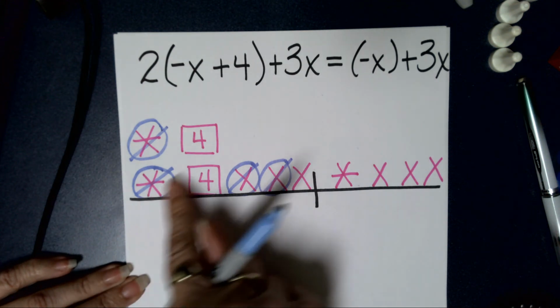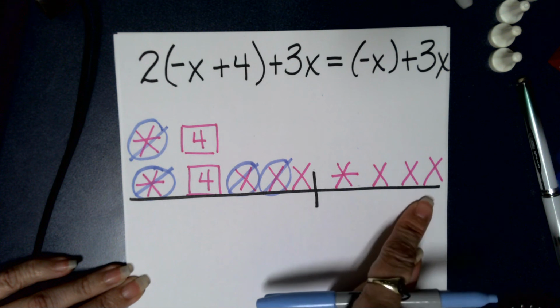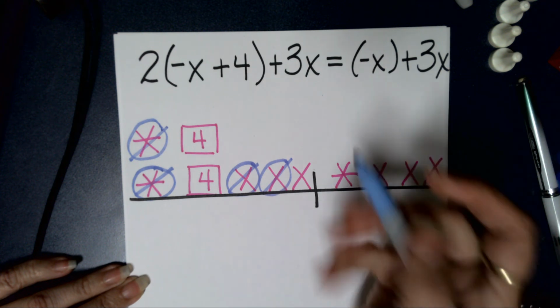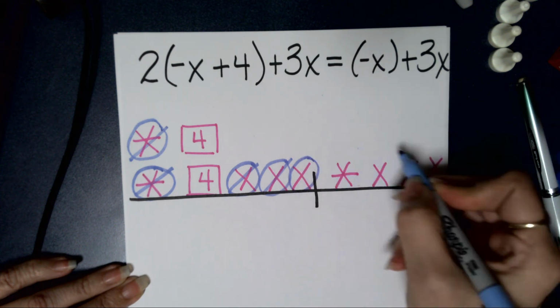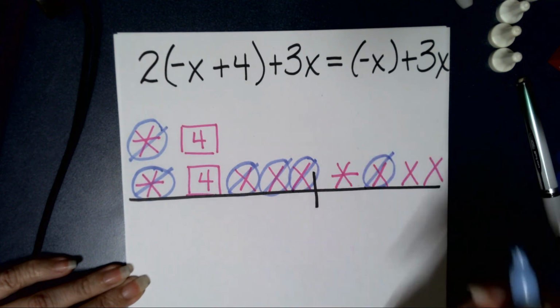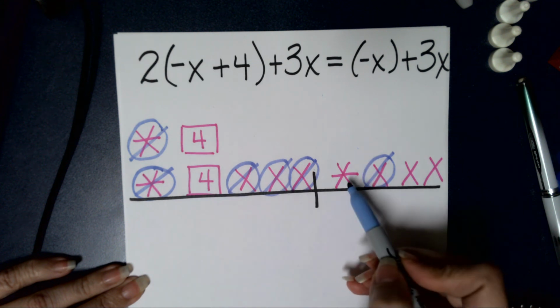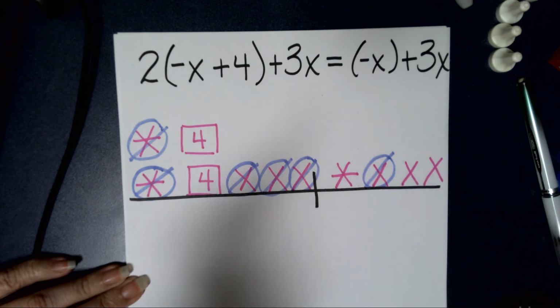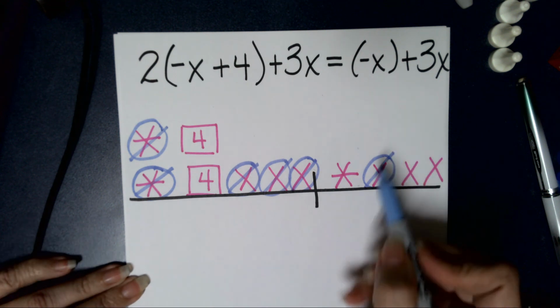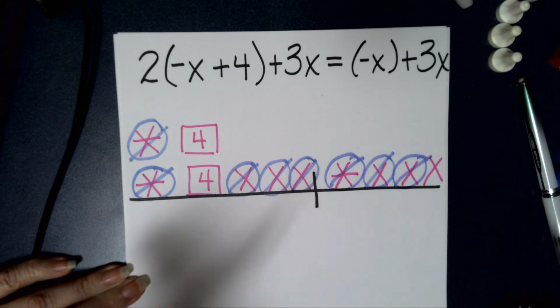Now I don't have any more stars over here. Do I have any pawns on the other side I could cancel with? Well, yes, I can take off this one and this one. And that leaves us with 8 equals a star plus a pawn plus a pawn. Well, I know that a star plus a pawn is a 0 pair.